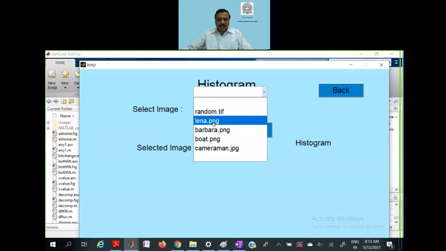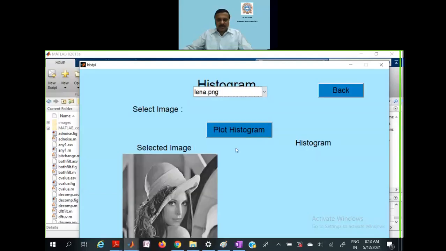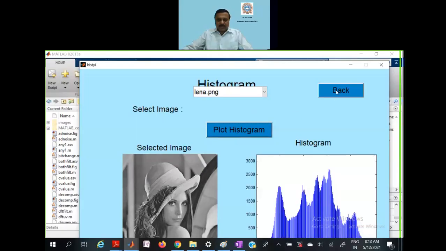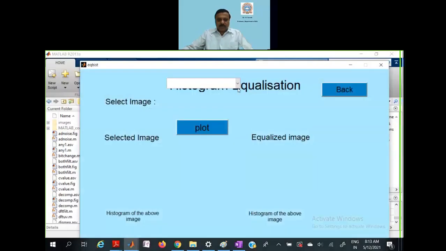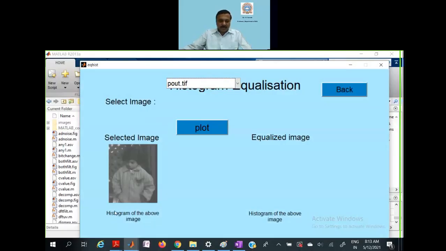Assume that I have an image like this. Now, what you should notice here is, if you just look at the gray level values of this image, I think in the beginning of this course I demonstrated this image.